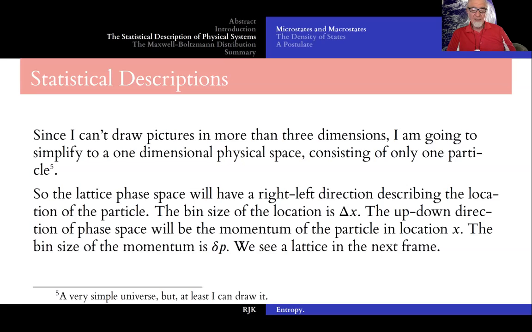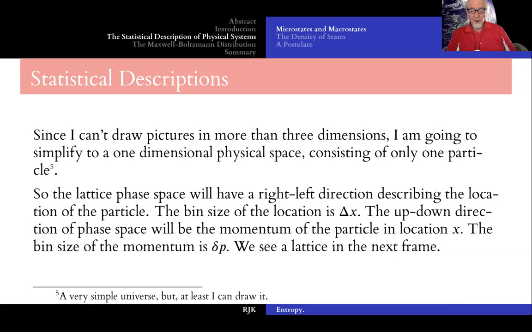So the lattice phase space, which is the position and momentum, will have the position bin size delta x, and that'll be the left-right part of the picture.